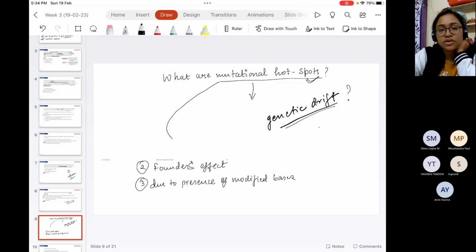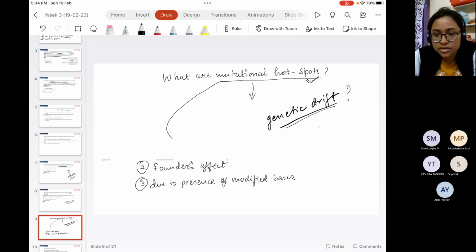You cannot write in the chat box? No, ma'am, can't access it. Okay, fine. Can you then repeat your answer once again? So I'll try to understand it better this time. Ma'am, change in frequency of an existing gene variant in some particular population.